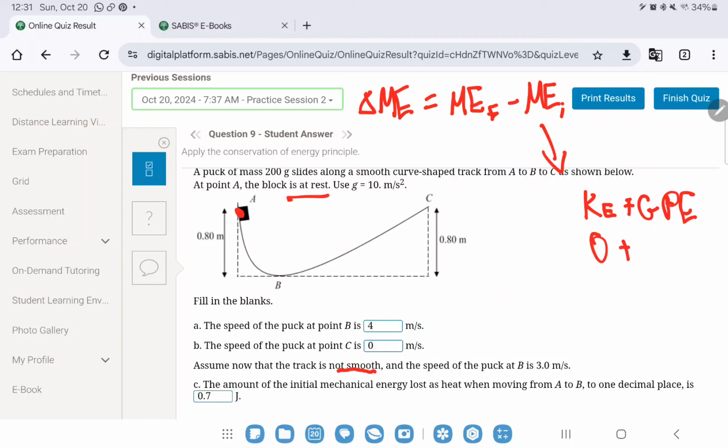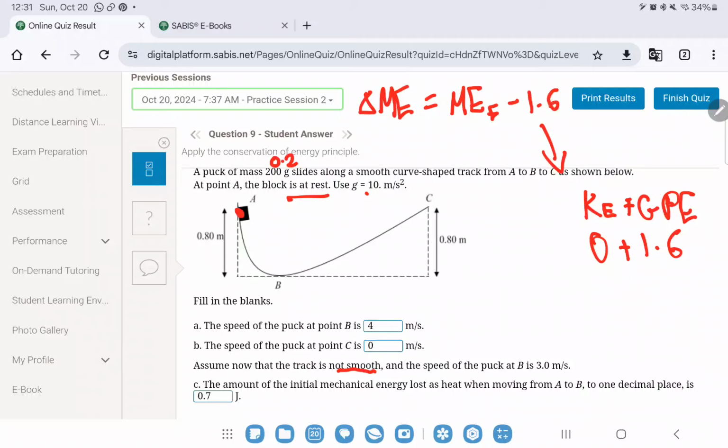And GPE is going to be 0.2 times 10 times 0.8, which is 1.6. So our mechanical energy initial, I'm going to replace it with 1.6.